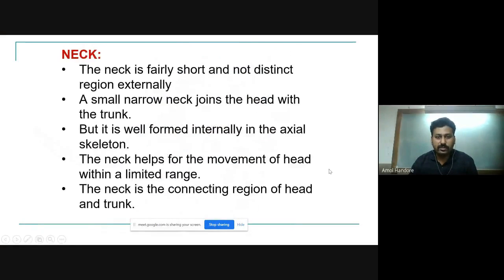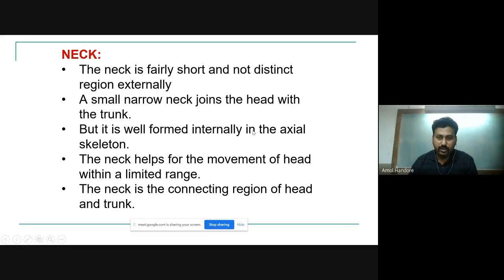Okay, now we come to the second part of the body. After the head comes the neck. The neck is fairly short and not distinct externally. So from outside, you cannot make out a neck. But if you see the skeleton of the Calotes, a well-developed neck can be seen in the skeleton bones. So a small narrow neck joins the head with the trunk region, and it is well formed internally.